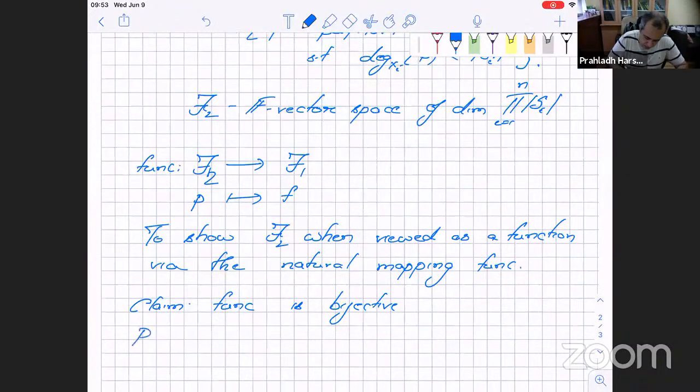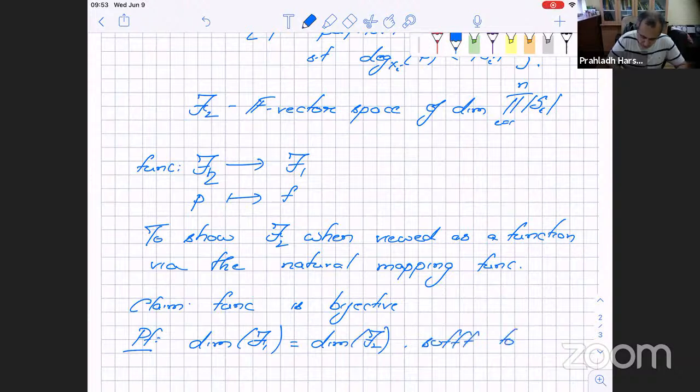The short proof is, since the dimension of F1 equals the dimension of F2, it is sufficient to show the map is surjective or injective. Either of them will suffice.